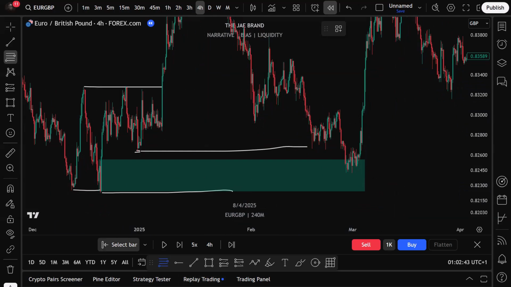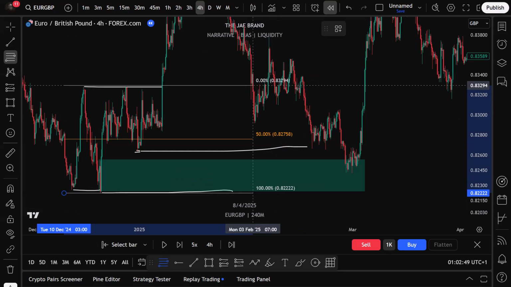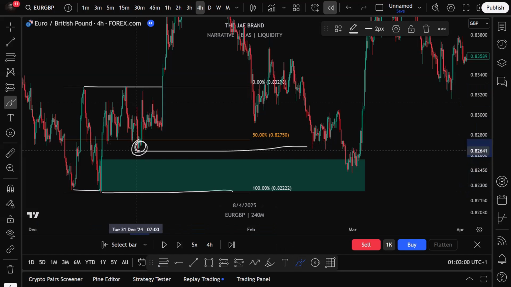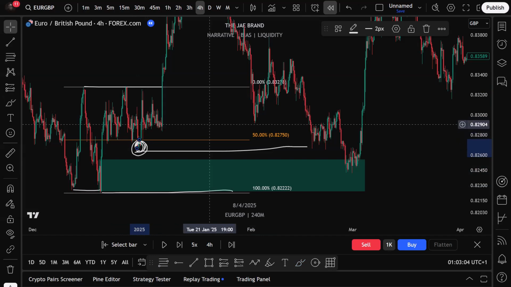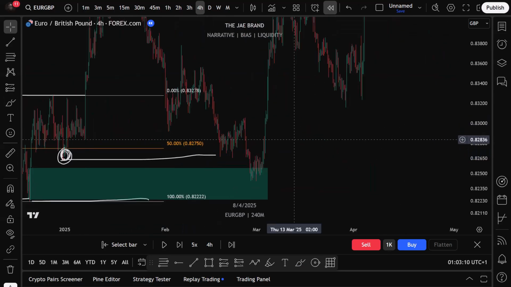Now, how do we validate this structural liquidity? Take your fib and plot from the last low, or your protected low, to the recent break of structure. Can we see that our structural liquidity is already below the 50% area of our fib tool, which makes it a valid structural liquidity?